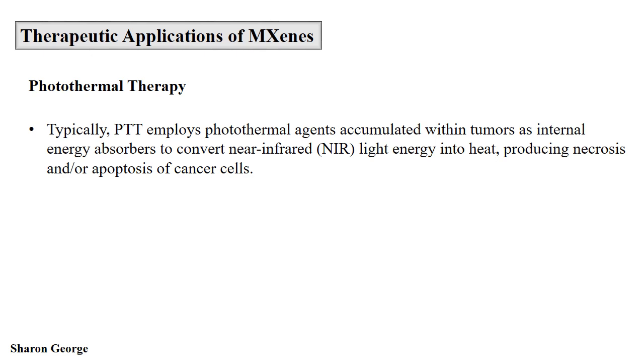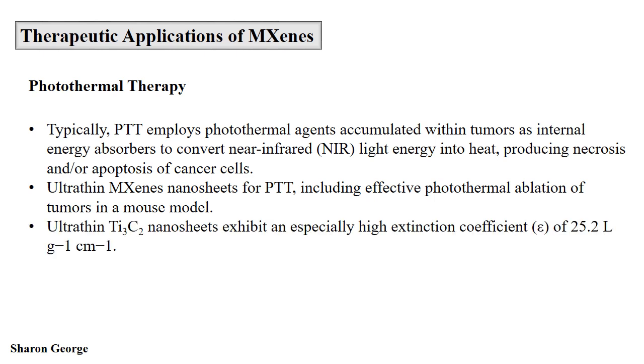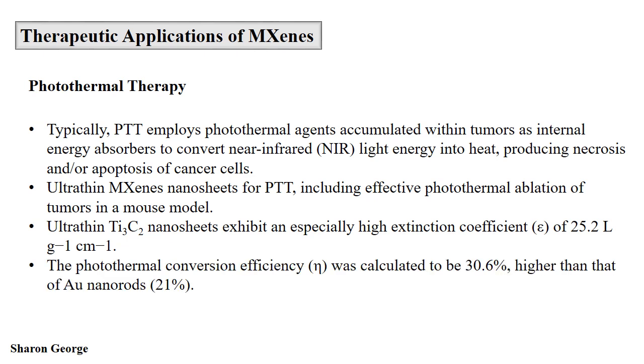Okay, so a group of researchers developed a titanium carbide based nanosheet which exhibits a high extinction coefficient and higher photothermal conversion efficiency than the current Au nanorod, because the Au nanorod is widely used as a photothermal agent.